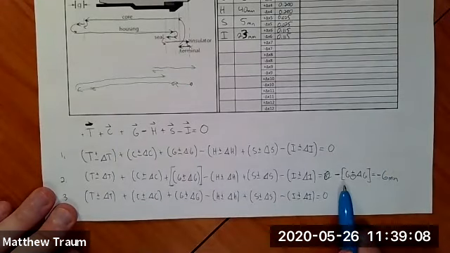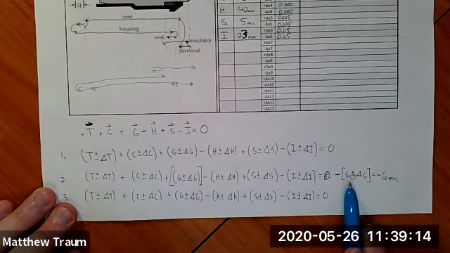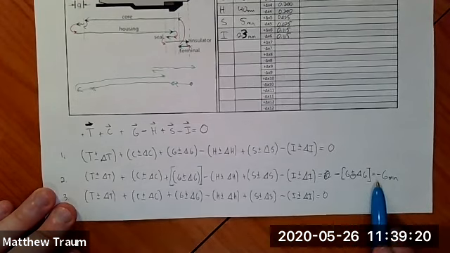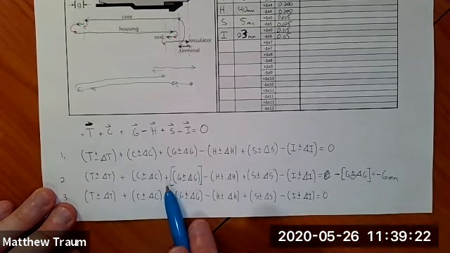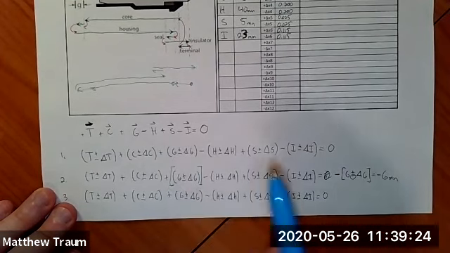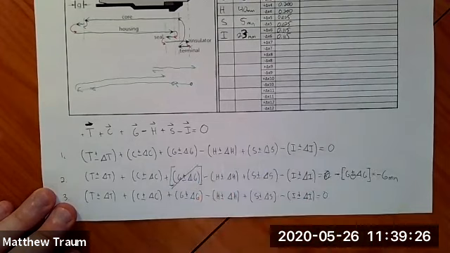So all I've done is just taken the nominal dimension of G, which has actually never been given. I'm subtracting out from the nominal dimension of G whatever tolerance is allowed in G, and that gives me G min. And this minus sign comes from the fact that I subtracted G from both sides. So it is eliminated here, and it appears over here as minus G min.